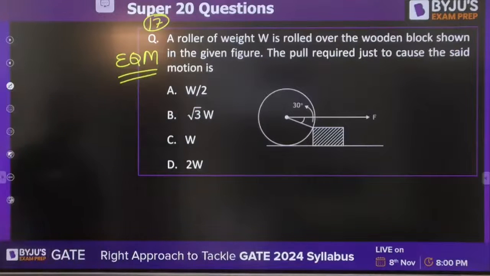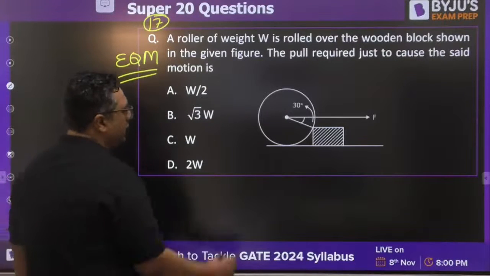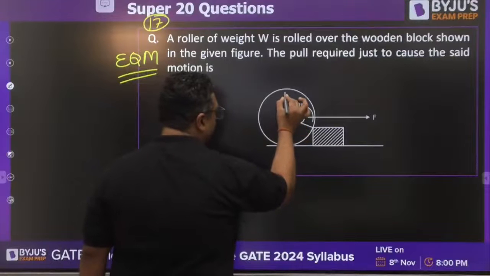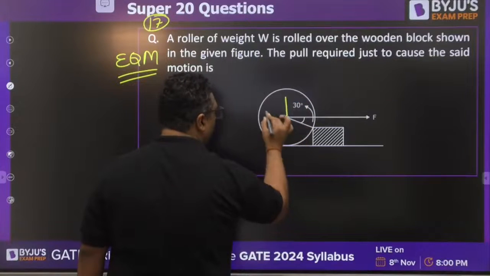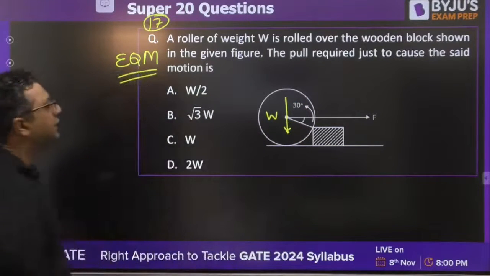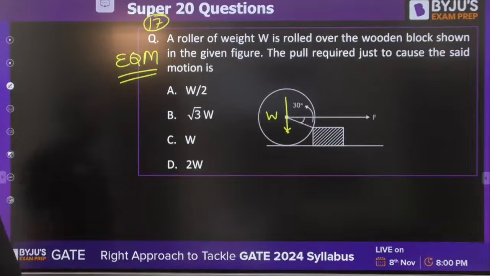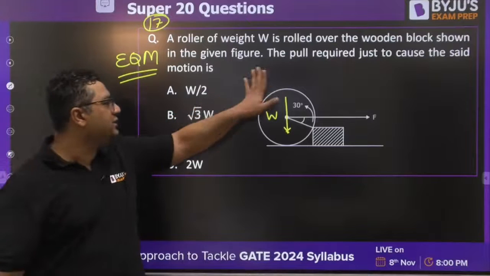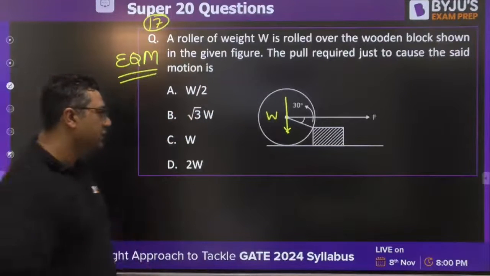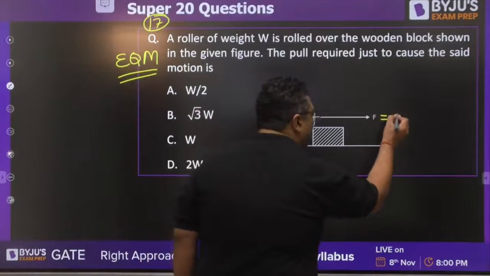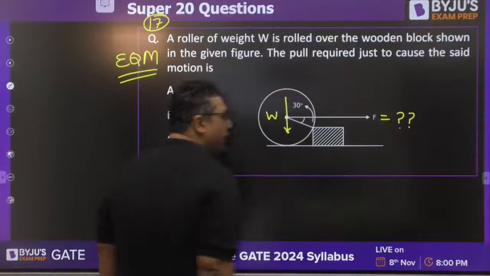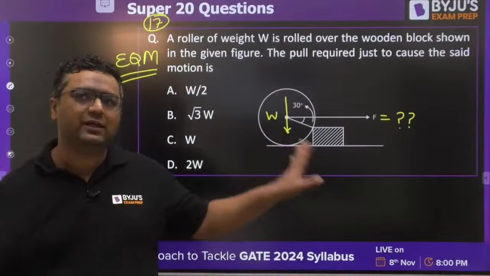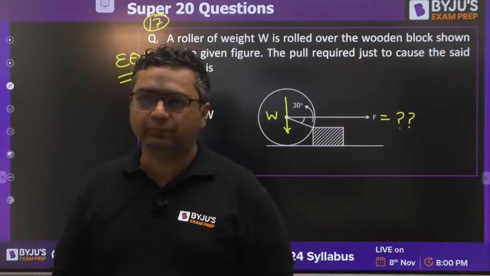They are saying a roller of weight W, it means here there is a weight W, is rolled over the wooden block shown in the figure. The pull required just to cause the motion. So they are asking the value of F, which is required to just start the motion, means you can consider the body to be in equilibrium.